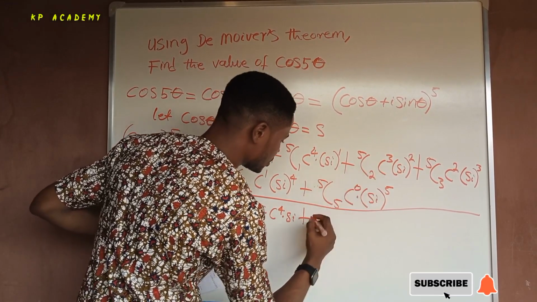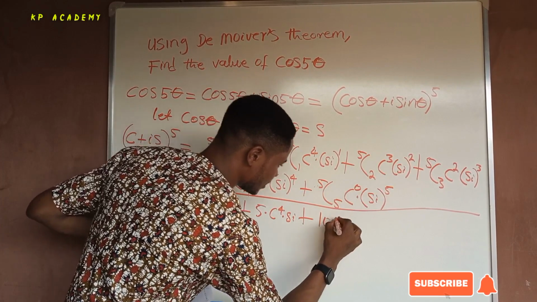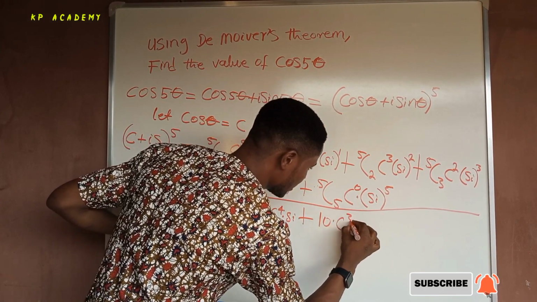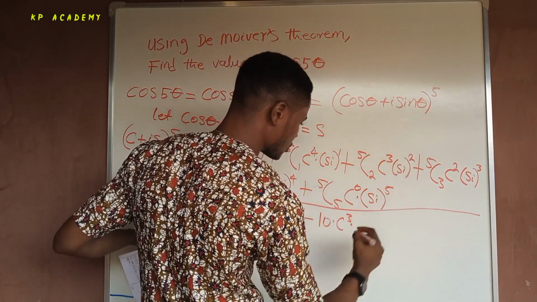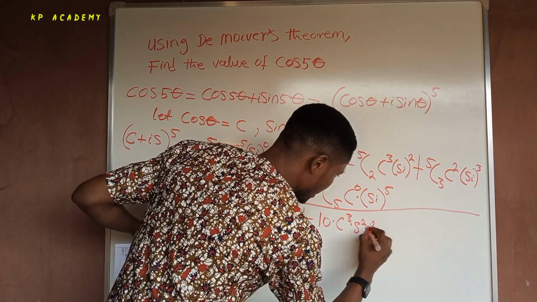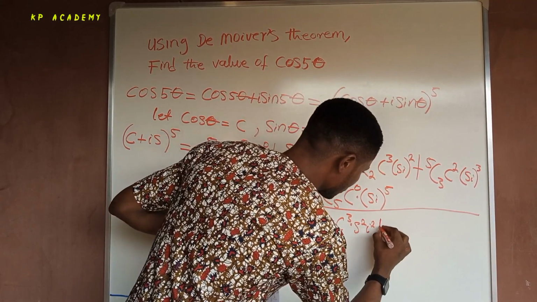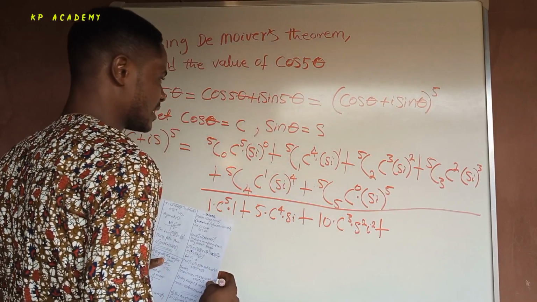Plus 5 combination 2 is 10, times C cubed, times (iX) squared, which is X squared i squared. Very important.